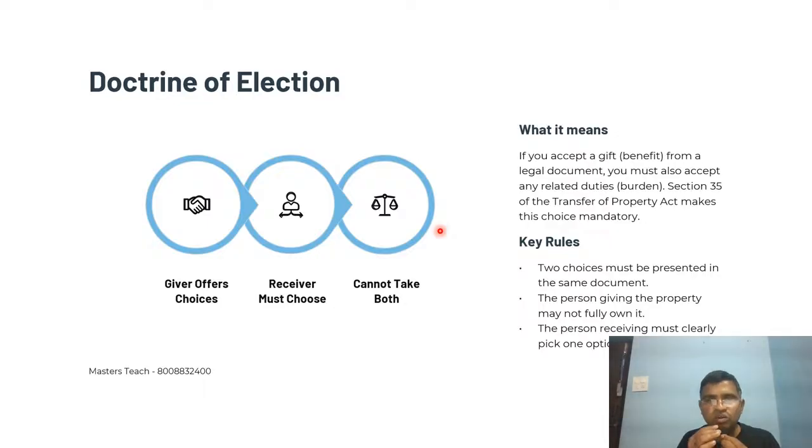The key rule here: if the giver offers a choice, the receiver must choose. He cannot take both. Two choices must be present in the same document. The person giving the property may not be fulfilled on it. The person receiving must clearly pick one option.